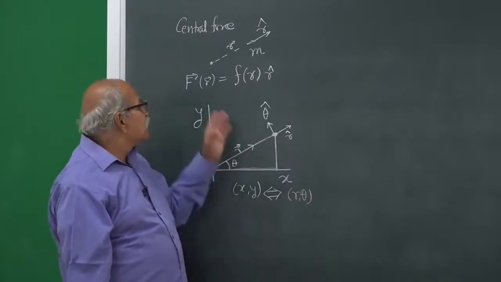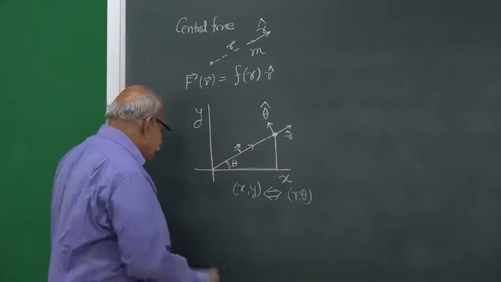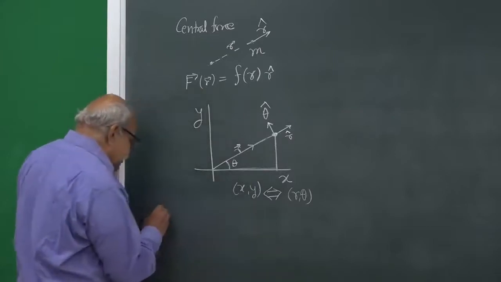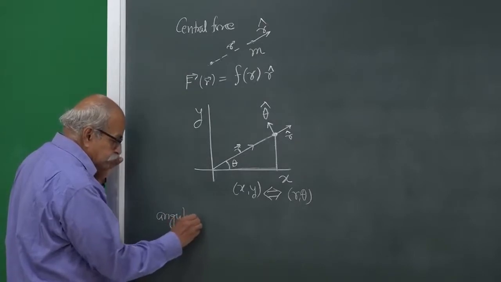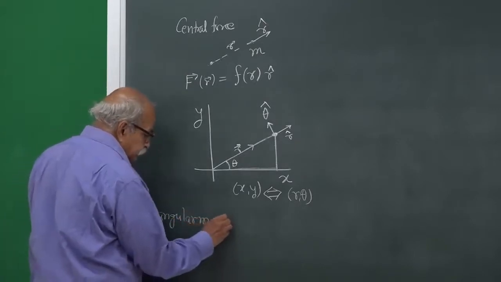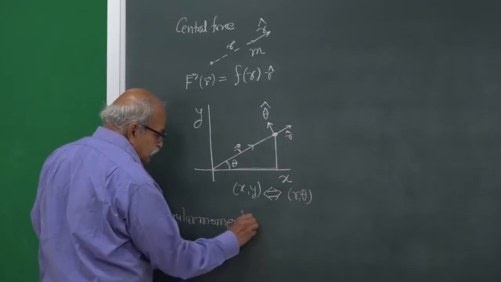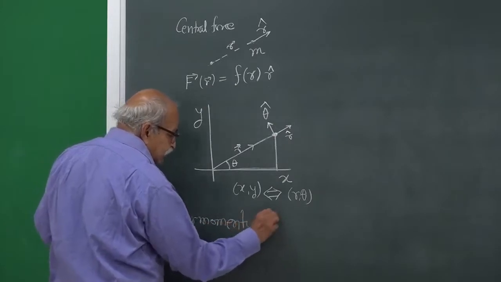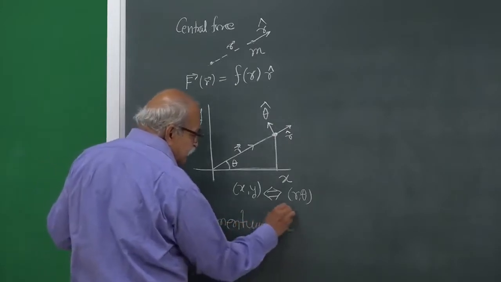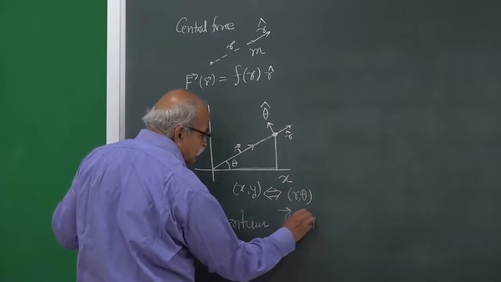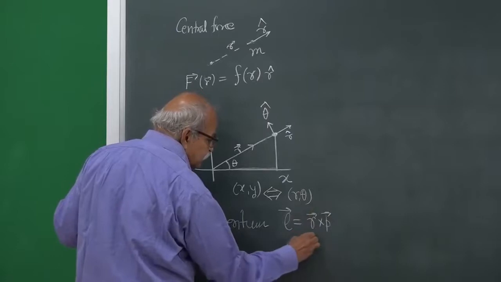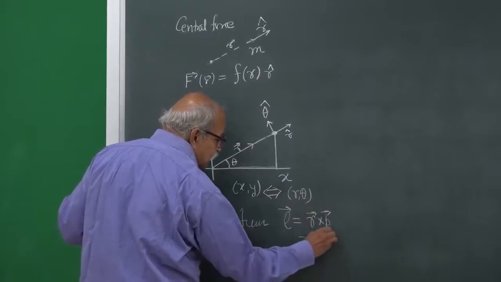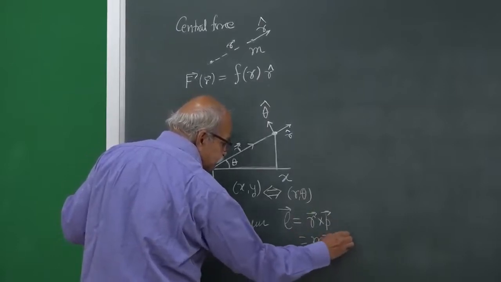Let us come back to our angular momentum. The angular momentum of this particle at time t is given by L equal to r vector cross p vector, that is mass times r cross v.